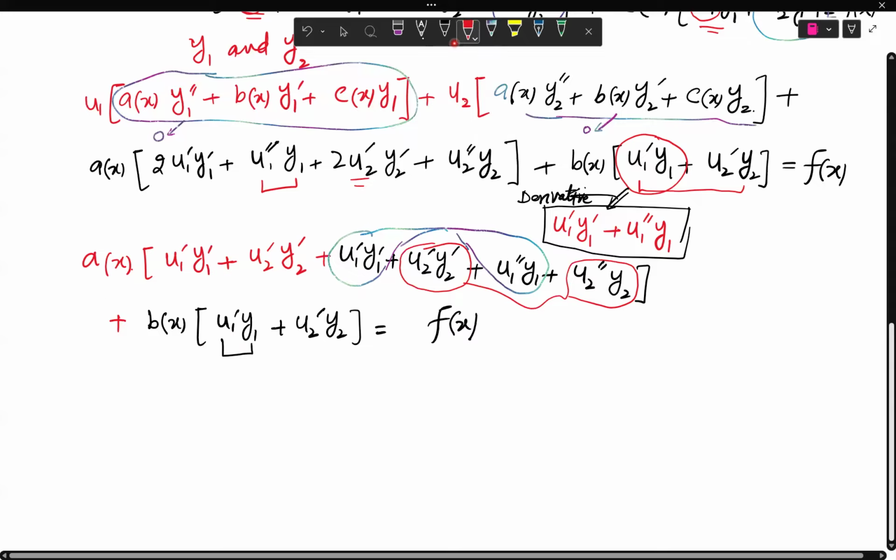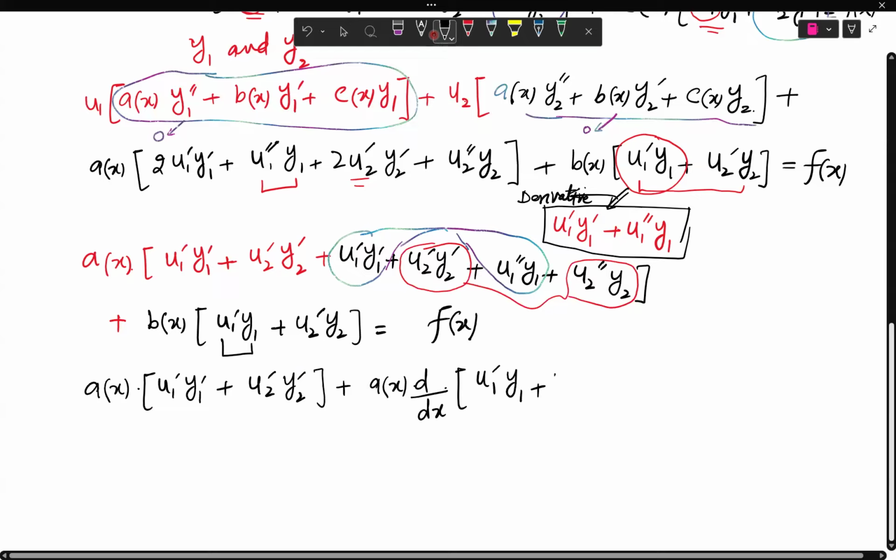The rest can be written as such. So a(x) times u1' y1' plus u2' y2' plus a(x) times the derivative of the component with b(x), so u1' y1 plus u2' y2, plus b(x) times u1' y1 plus u2' y2, and it is equal to f(x).